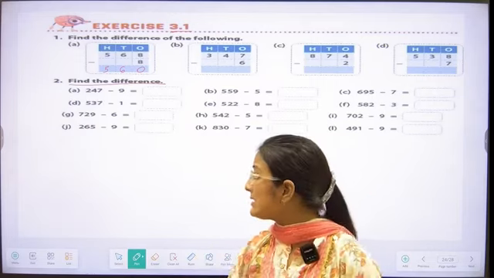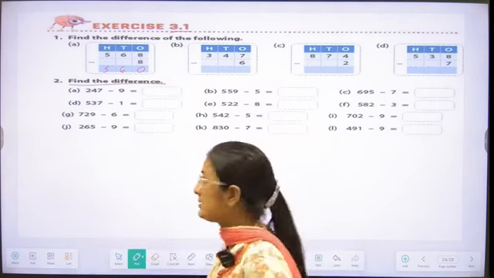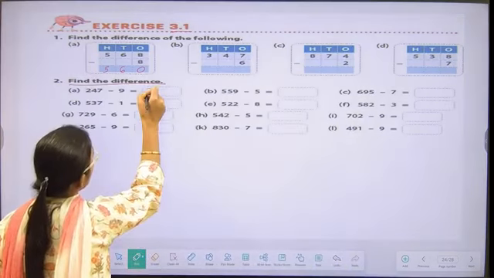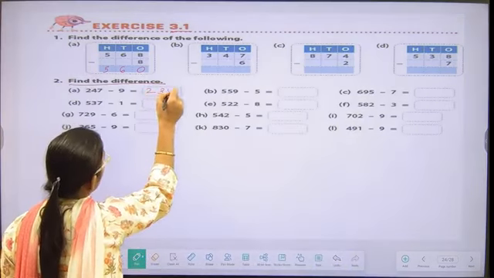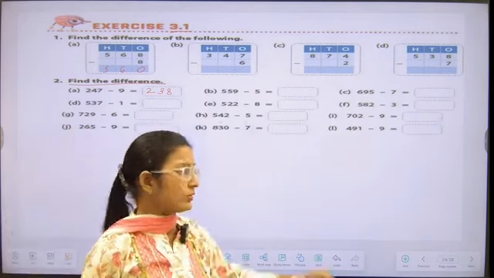So what can we say? Our answer will be 238. So we can write 238 for that. Similarly, you can attempt the other subparts also, student.